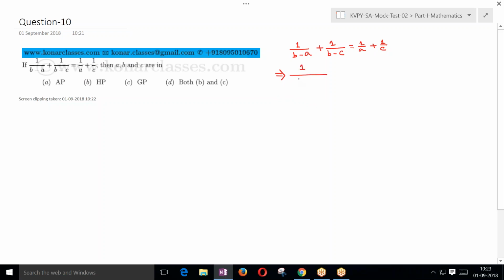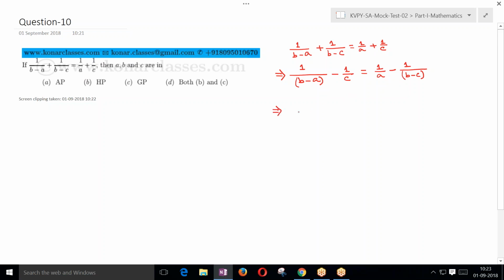There is a proper way of doing this, and I will explain why. So I make 1 by c on one side, and here 1 by a minus 1 by b minus c. Why did I do so? Because I need a, b, c on both sides. Here is b and a is there, so I bring c. And here a is there, and then we put b and c.